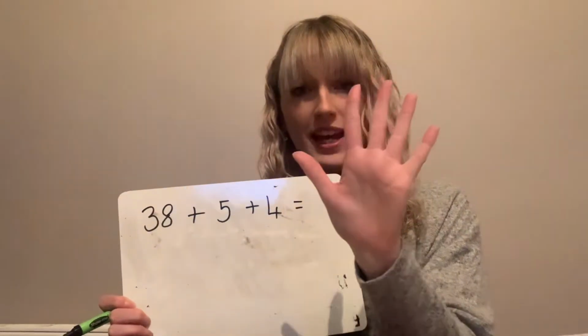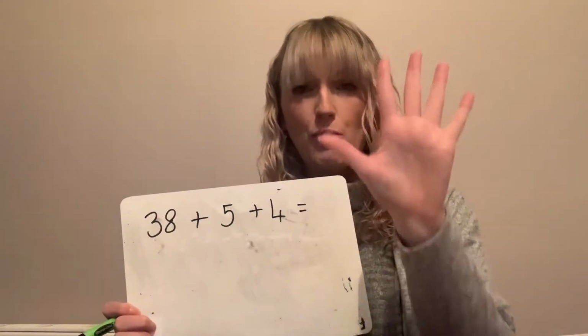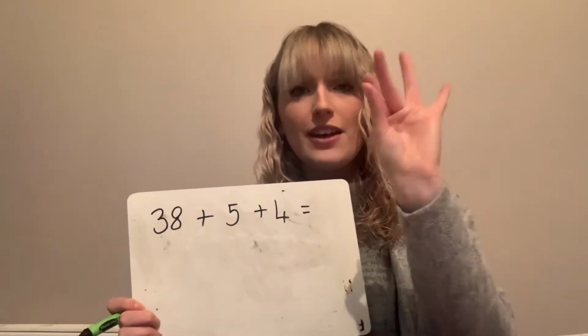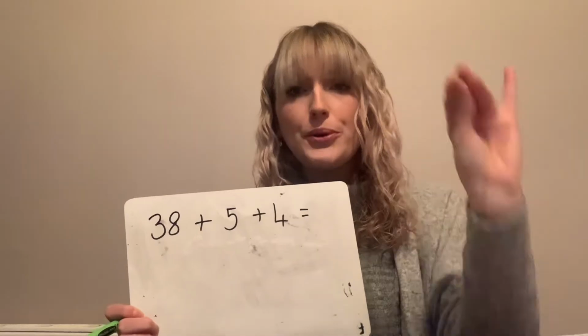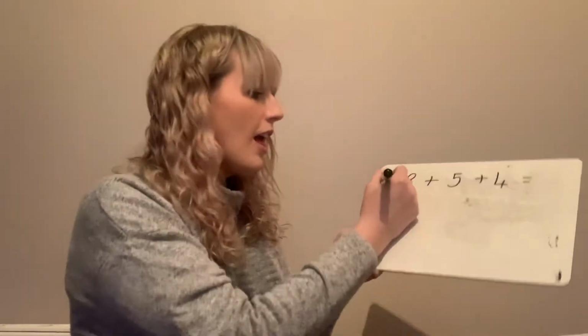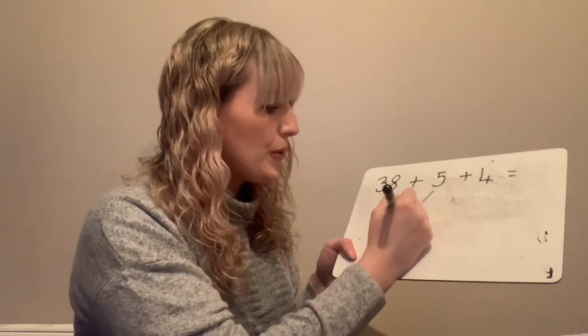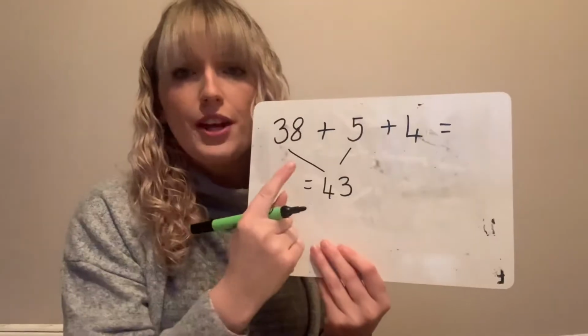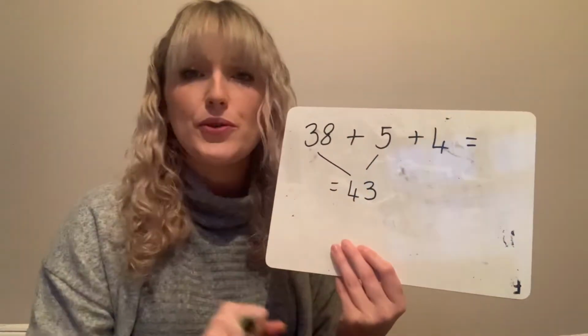So 38, add 5. Count with me. 38, 39, 40, 41, 42, 43. So I know then that equals 43. Okay, so 38 add 5 is 43.